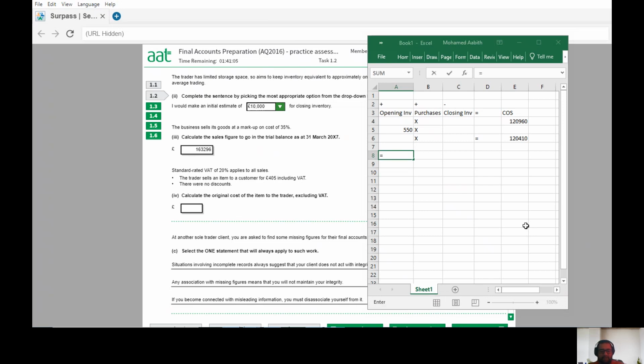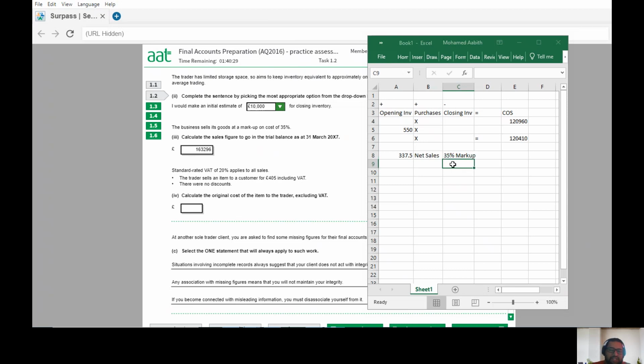So net cost is going to be 405, divide by 6, multiply by 5. So £337.50. This is the net sales value. Okay, so you already know this net sales value is the 35% markup inclusive.